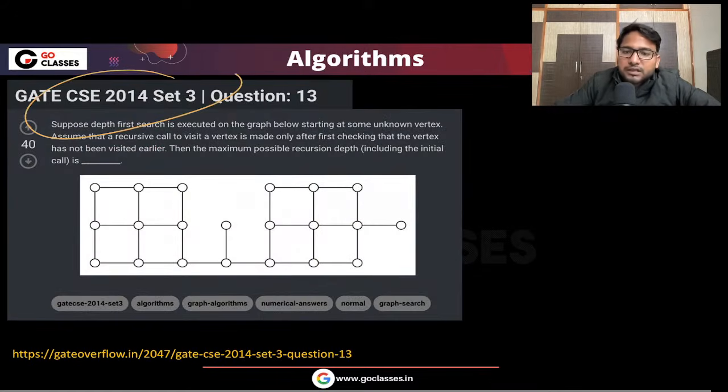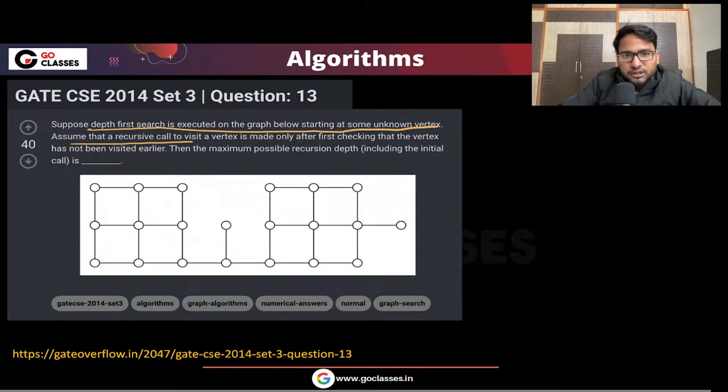This question has been asked in GATE 2014. Suppose DFS is executed on the graph starting from an unknown vertex. Suppose that the recursive call to visit a vertex is made only after first checking that the vertex has not been visited earlier. Then what is the maximum possible recursion depth? That's just an aptitude kind of question.